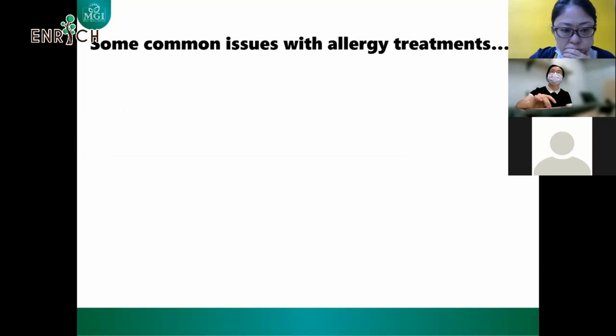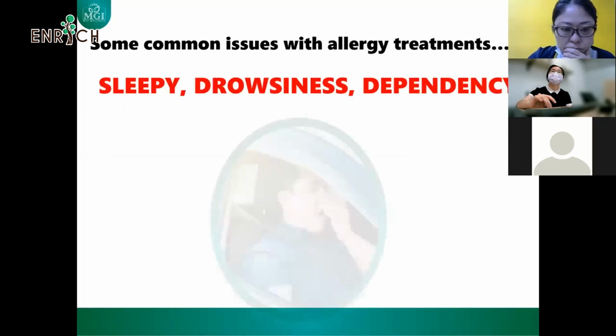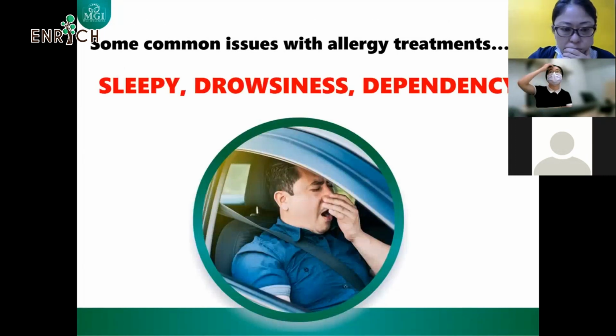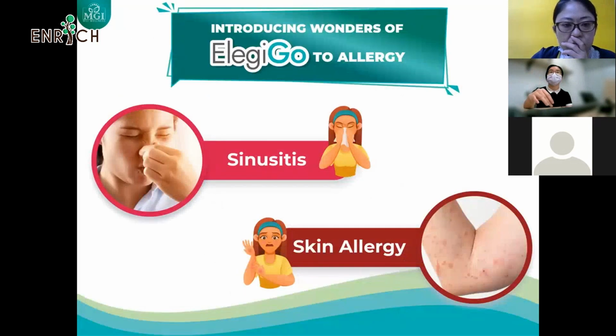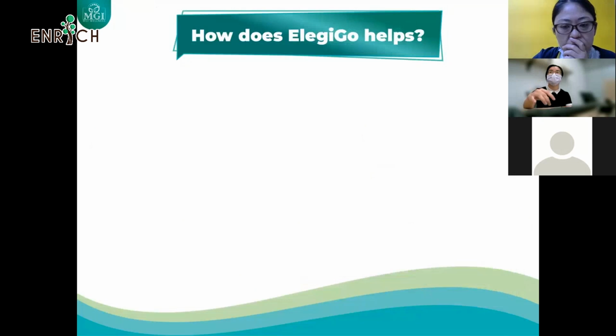Some common issues with allergy treatments include sleepiness, drowsiness, dependency. But of course, I do understand with the advance of technology, there are also treatments which do not cause such an issue of sleepiness or drowsiness. So the wonder of ElegiGo towards allergy is that it is able to target both sinusitis and skin allergy.